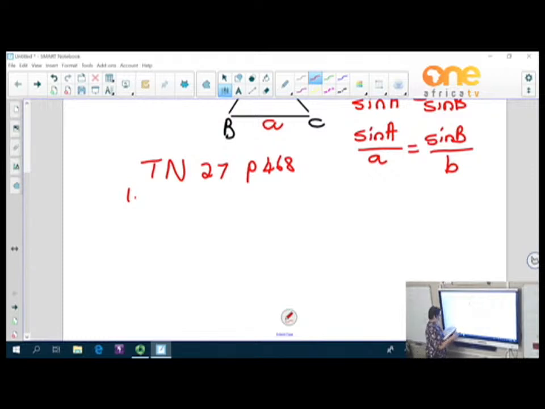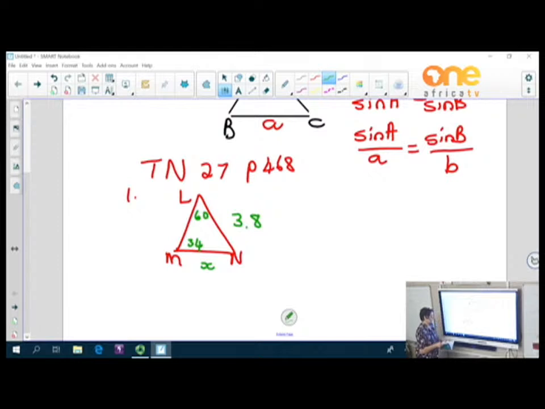It is triangle LMN, and they say that angle L is 60 degrees, angle M is 34 degrees, so I've got two angles there. LN is 3.8 centimeters, and what we need to calculate is MN.